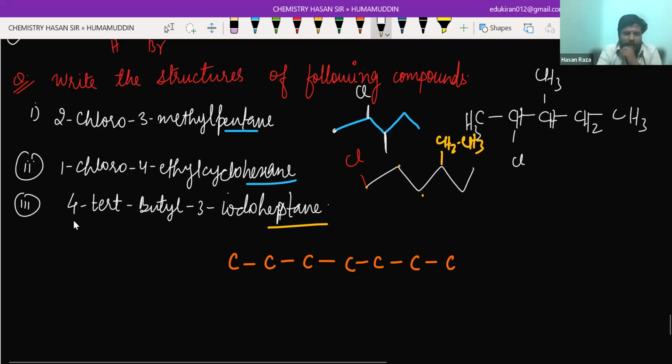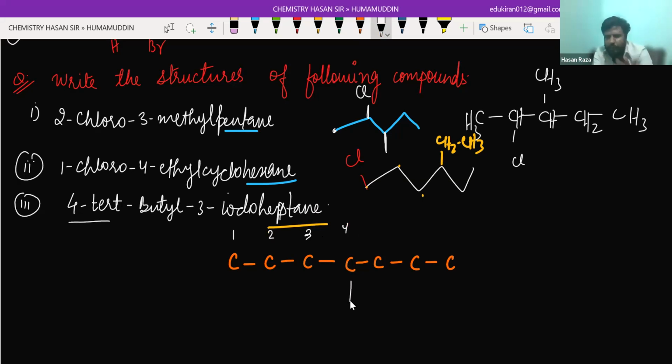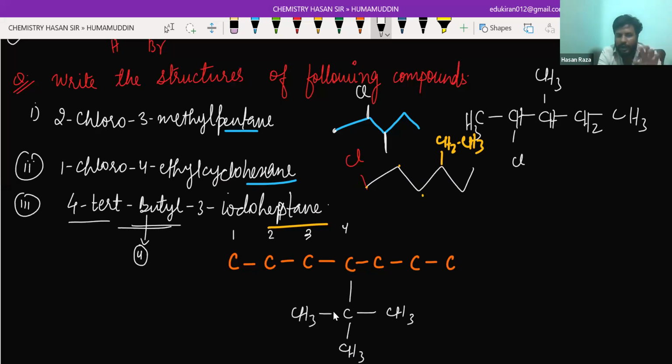7 carbon is there now. Let's say this is your 1, 2, 3, and this is your fourth position. You have to give a branch. Tertiary butyl, that means you are going to write a structure with 4 carbon and it should be tertiary. So there is only one possibility. This is your butyl. You can see 4 carbon in the branch and it is tertiary, because this carbon is connected with 3 carbon.